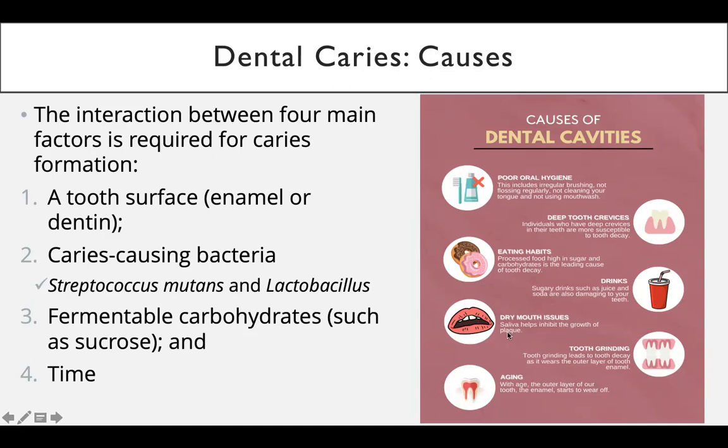But if we have dry mouth, we are dehydrated and our hydration is not proper, then there will be less saliva production, no protection, and plaque will grow. Tooth grinding, tooth to tooth grinding, leads to tooth decay because it causes physical damage as it wears the outer layer of tooth enamel.